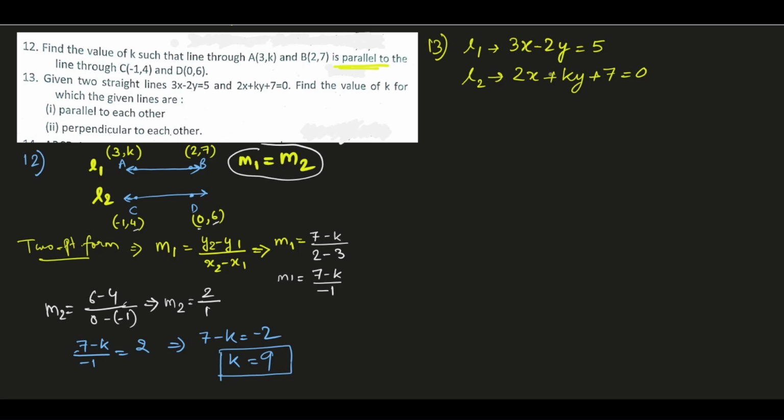So again, we need to find the value of k for which these given lines are parallel to each other and perpendicular to each other. So a nice revision to the previously discussed topic and question. So first part, parallelism, if they are parallel to each other.